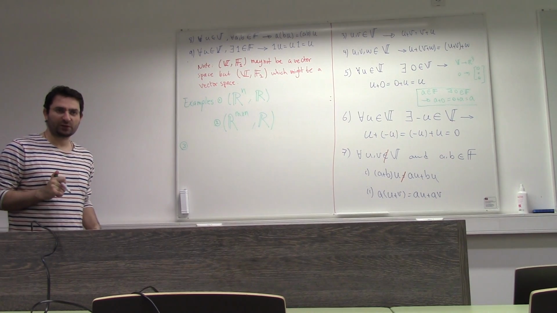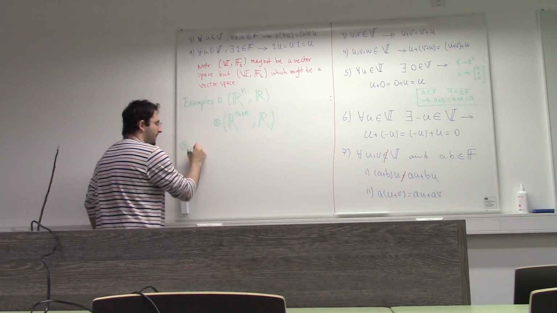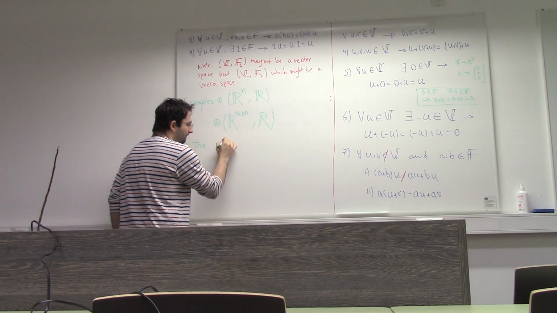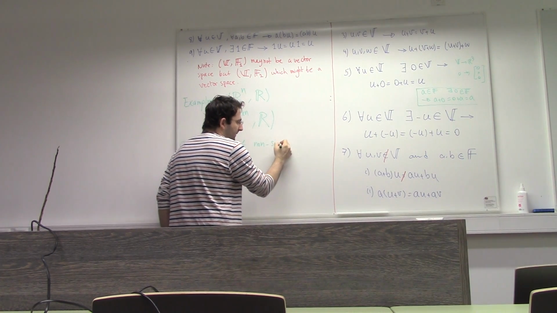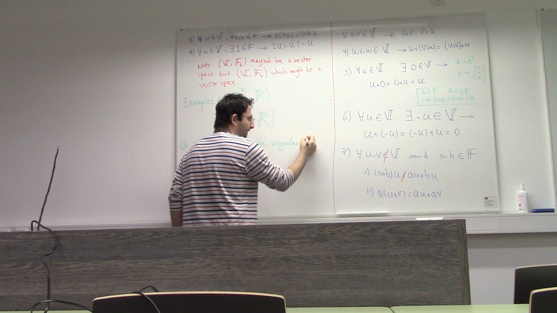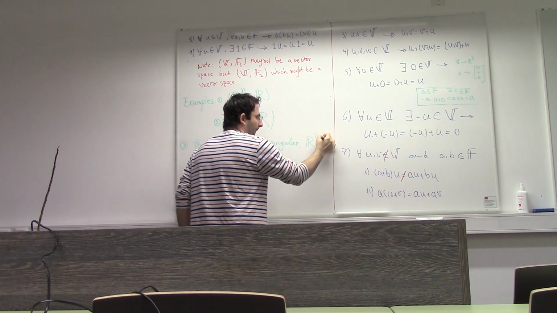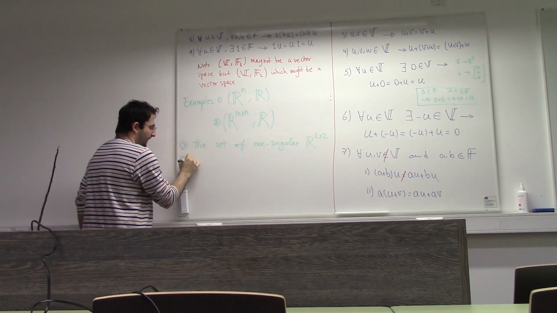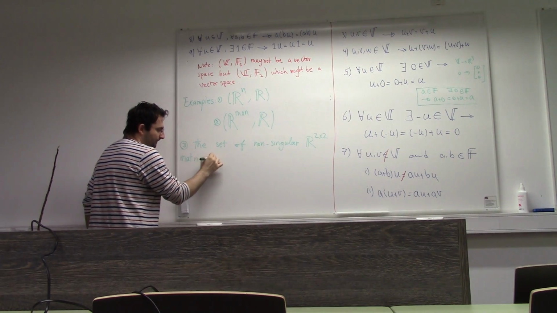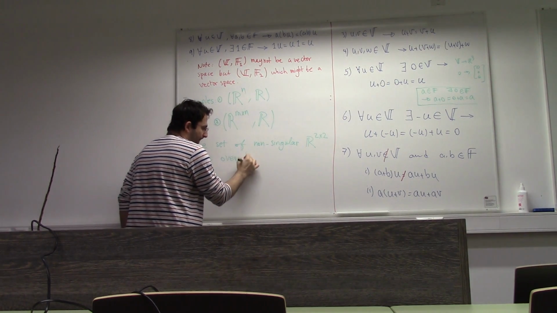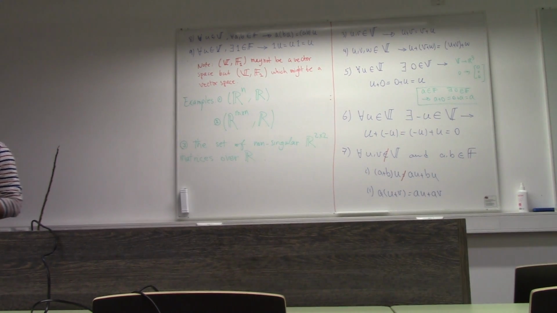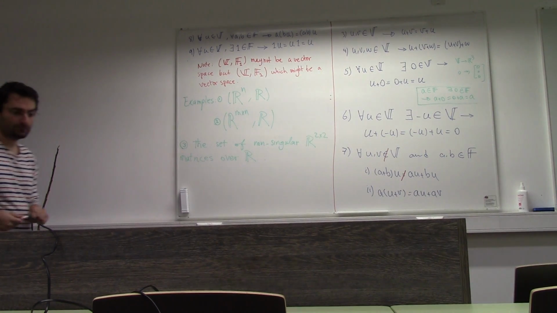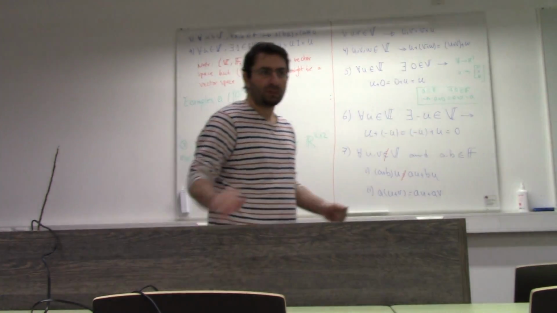Ike, this is a question for you. The set of non-singular matrices over R. You tell me, is it a vector space or is it not a vector space? Well, maybe Hassan helps you.